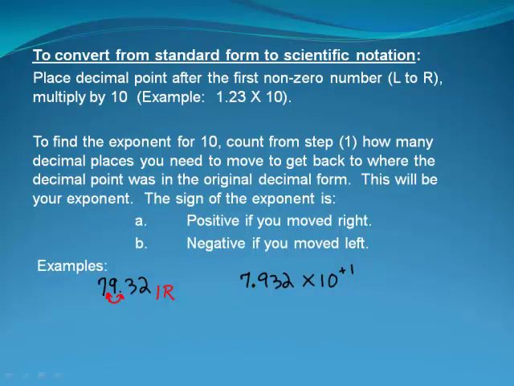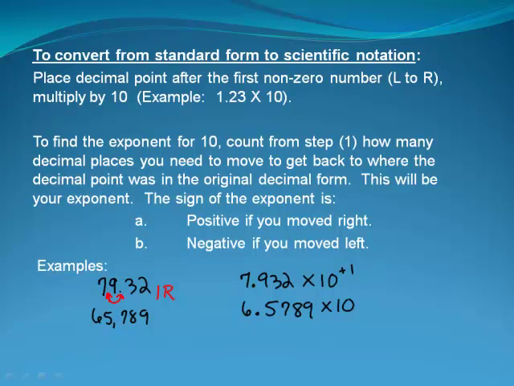All right, let's look at this number. Let's look at 65,789. To write that in scientific notation, look at it left to right, put the decimal point after the first non-zero number you come to. Write all of the other numbers in the problem, and then multiply that by some multiple of 10. Okay?